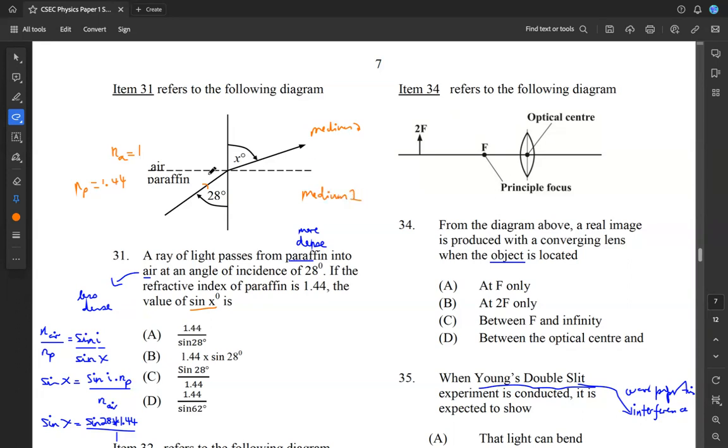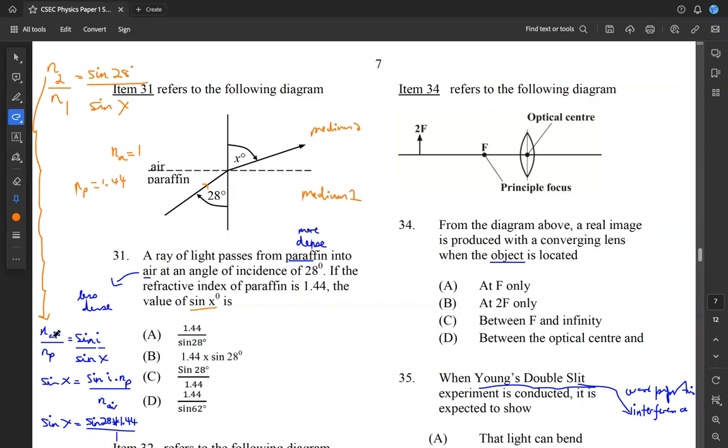When we normally write Snell's law, we write the refractive index in our second medium over the refractive index in our first medium, equal to the sine of the angle of incidence, which in this case is 28, over the sine of the angle of refraction, which is X. That's what I've written down here, except now I've substituted in air because air is my second medium.